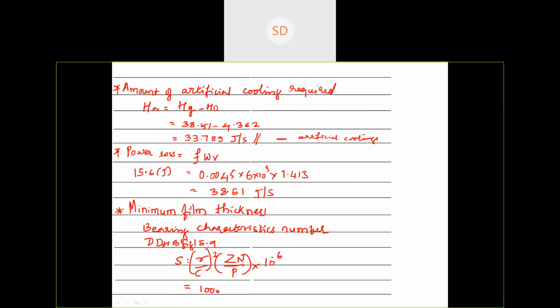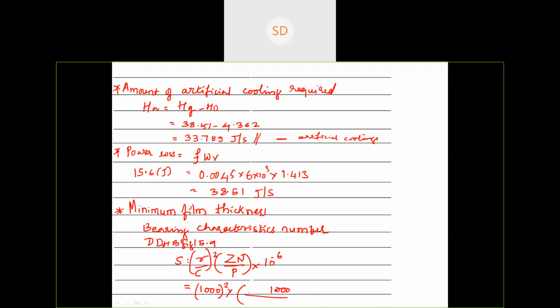Now R by C is what? It is 1000 square. You have calculated the value of absolute viscosity and you have calculated the actual pressure. So now N is 1000. Capital Z you have calculated, P also you have calculated.